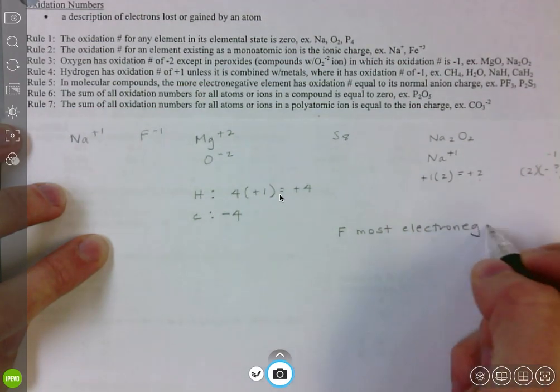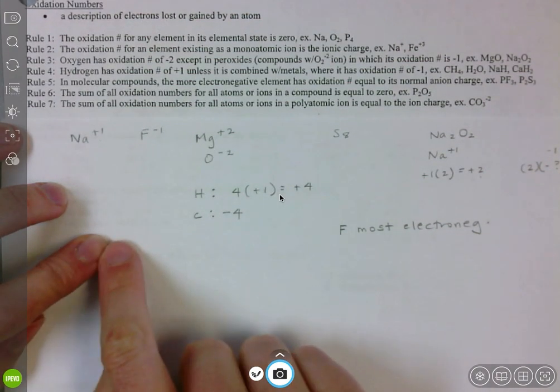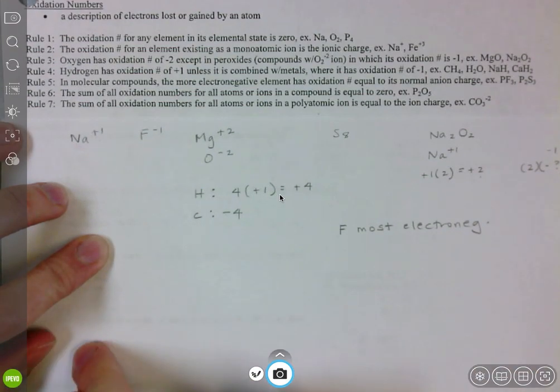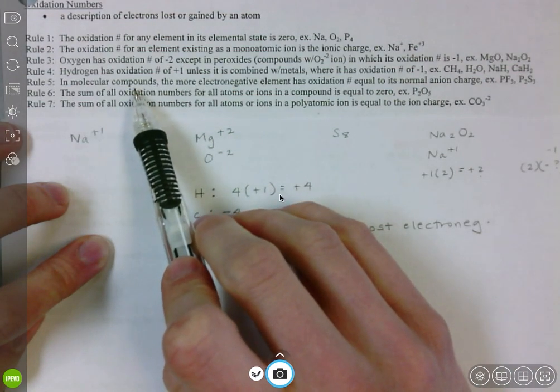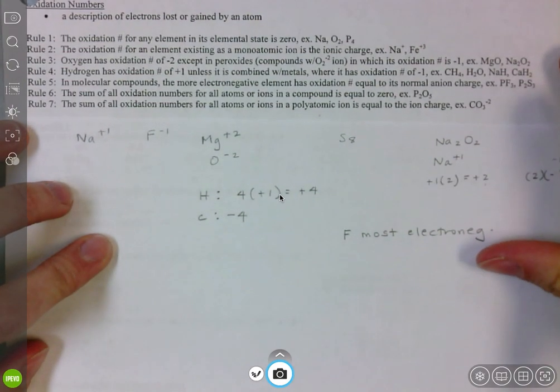Oxygen is our next most, and electronegativity increases as we go left to right on the periodic table, and then bottom up. So we're going diagonally up to where fluorine is. The most electronegative element keeps its normal charge. Fluorine's always going to be negative 1 in a molecular compound. Oxygen's typically going to be negative 2 unless it's attached to a fluorine.